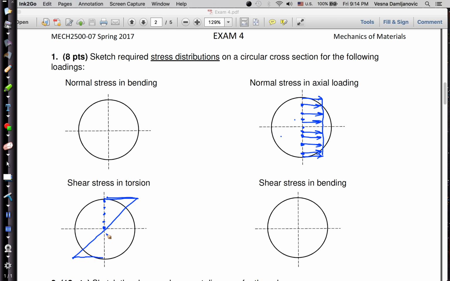So whenever you're in doubt, draw these little points and think how the stress will look in that point. Because we have a turning object, so this cross-section is turning, then the stresses will be pointing in here in one direction, here in the other direction, along this line. So that's how we draw shear stress.